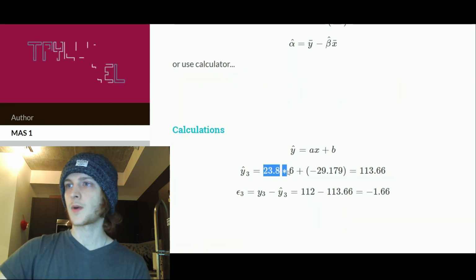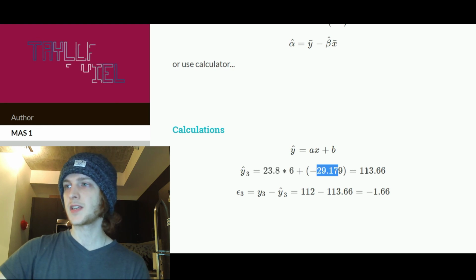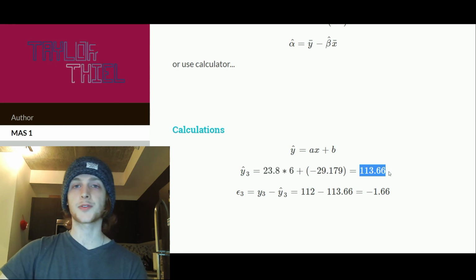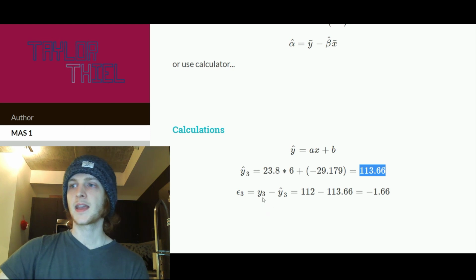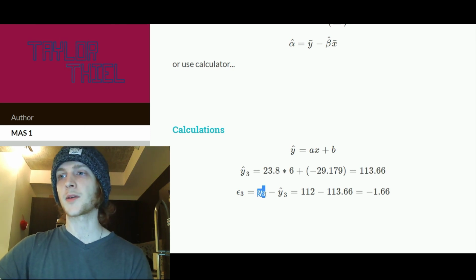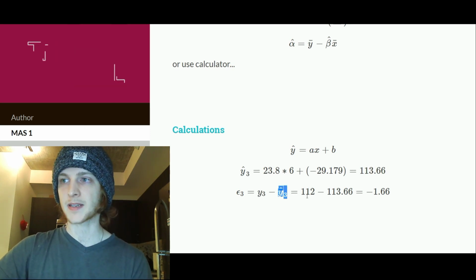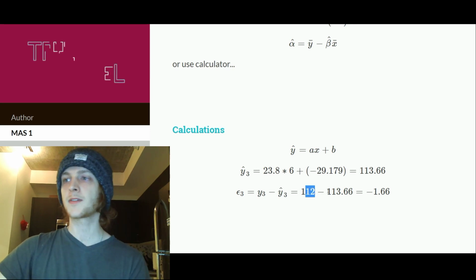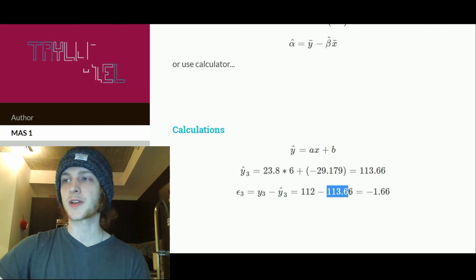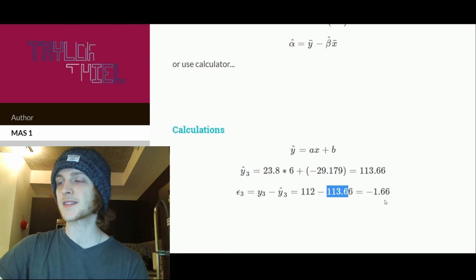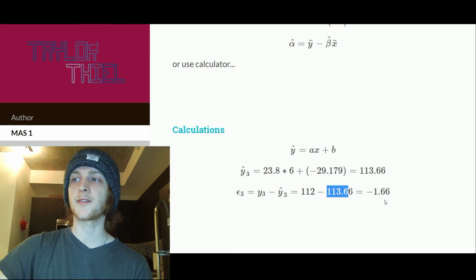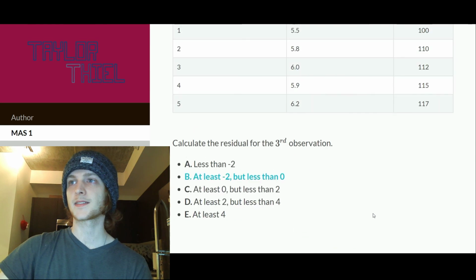So y hat equals ax plus b gets us a prediction of 113.66. And then we know our residual is our observed minus expected. So we observed 112, and our model predicted 113.66. That's how we get our residual of negative 1.66.